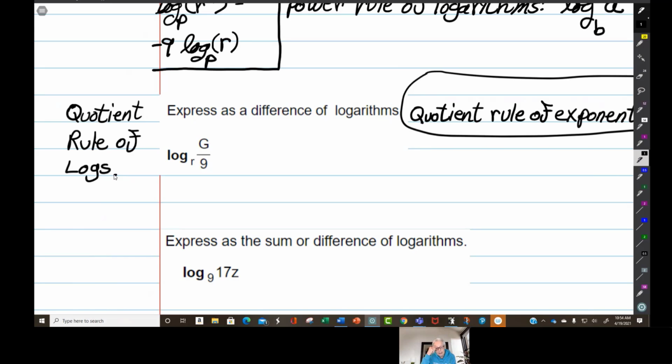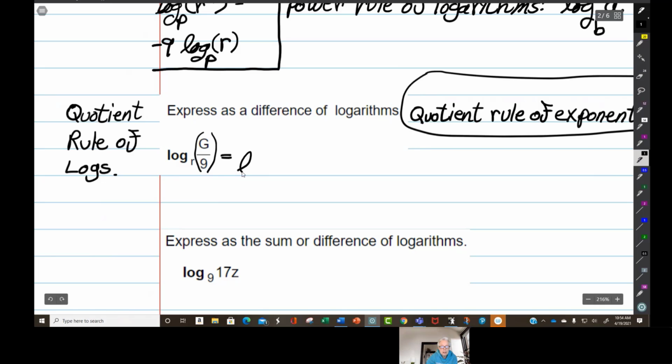I'll do it for you right here. This is log base R of an argument that looks like G over 9.